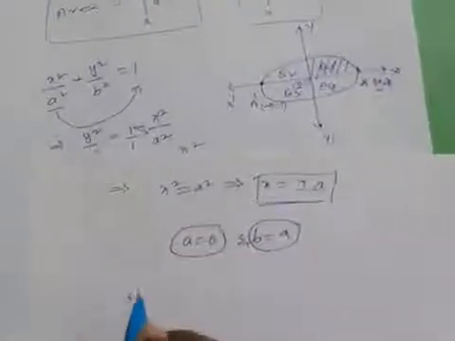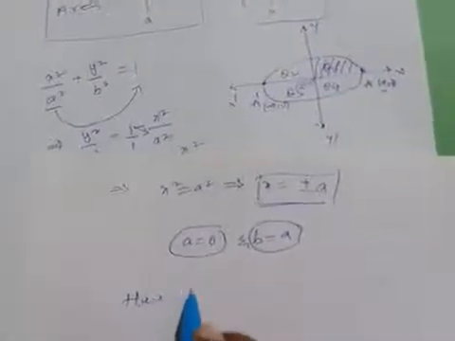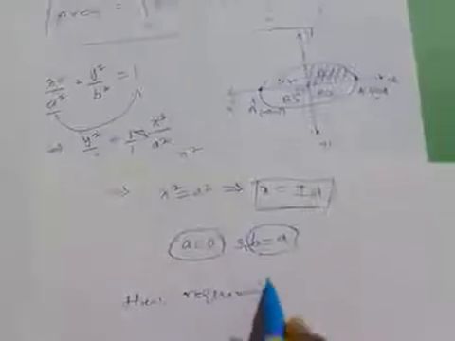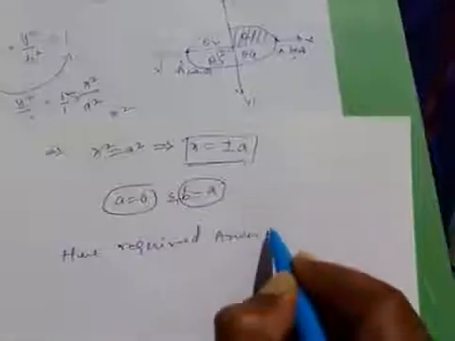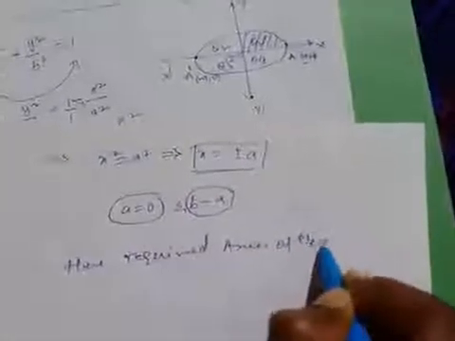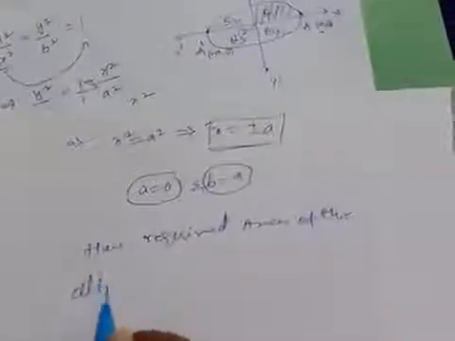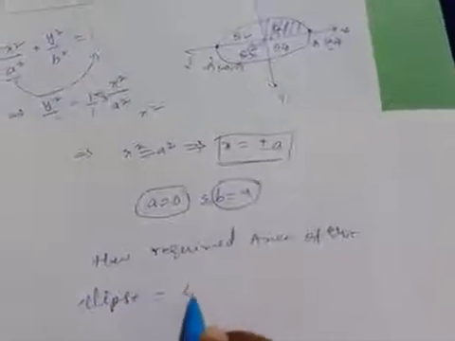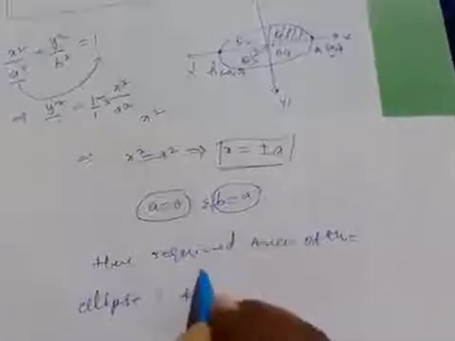Here, the required area of the ellipse is 4 into integral a to b y dx.